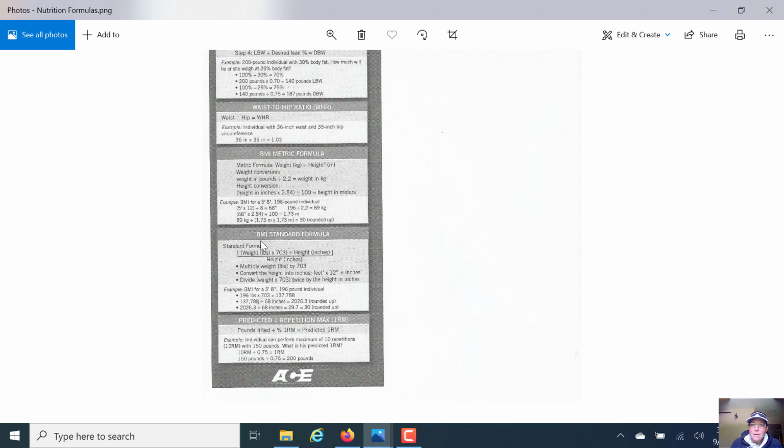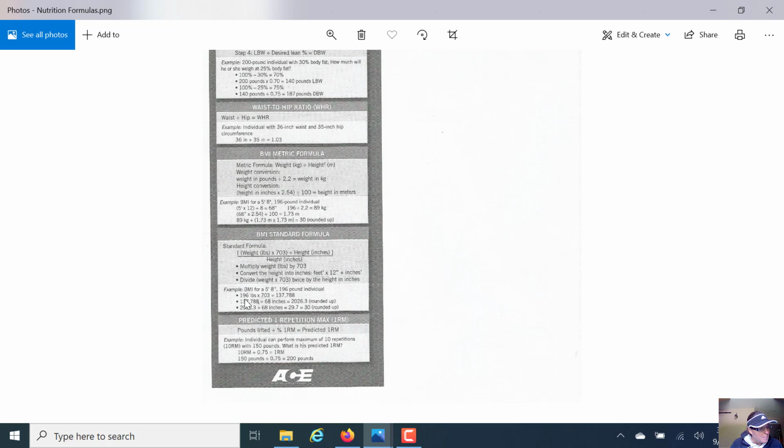The standard formula is the one we seem to see being used a lot more often. It's a little easier to do the calculations because you're not having to square things and do some extra math. So the standard formula is simply taking their body weight in pounds and multiplying it by 703. Notice that's within parentheses. Then divide by their height in inches, and once you get that answer, you simply divide it by their height in inches again.